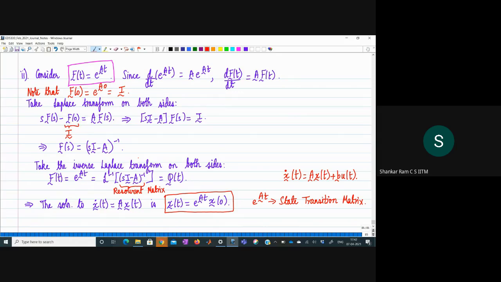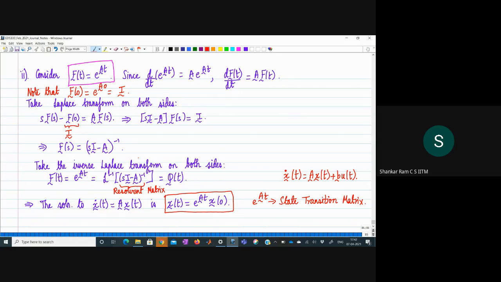So we can observe that the solution to the state has this matrix exponential e power At, and for that reason, e power At is what is called the state transition matrix. The reason it is called a state transition matrix is also because it is mapping the initial state to the state at any instant of time.